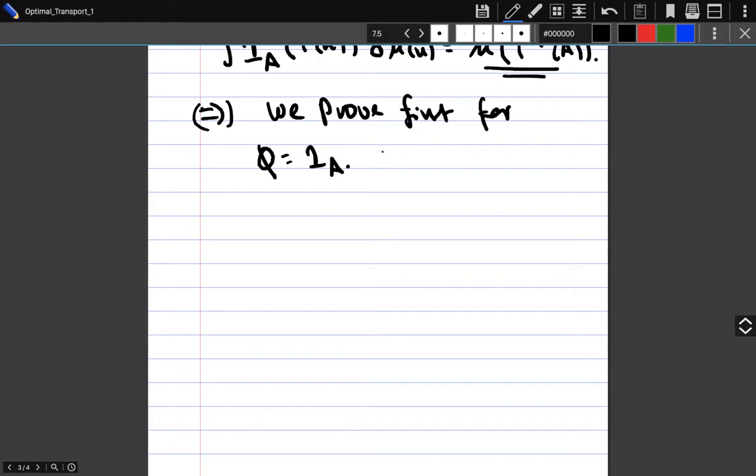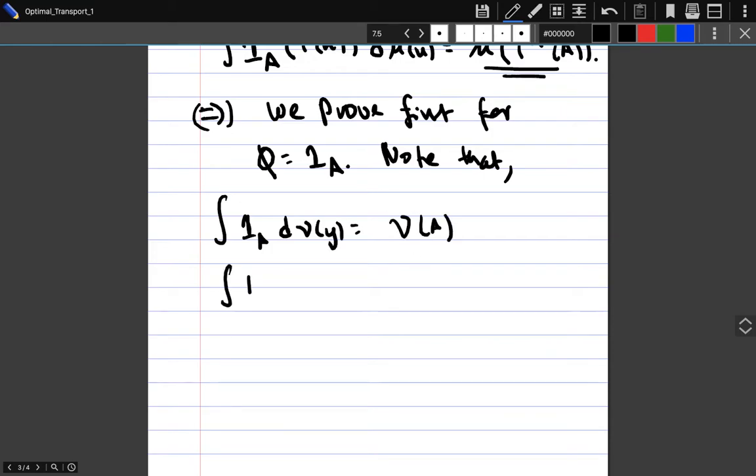And note that if you plug this indicator in and compute this integral, this is just the measure of this set, and when you plug this in T of x with respect to d mu of x, then, just like we argued before, this is this, and these two are equal by our hypothesis.